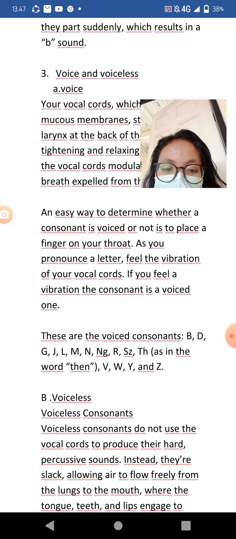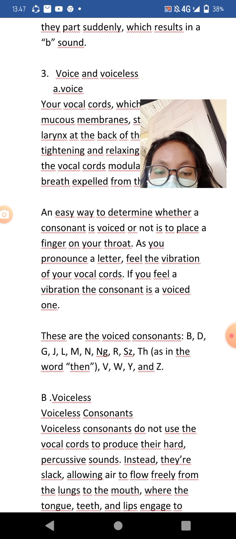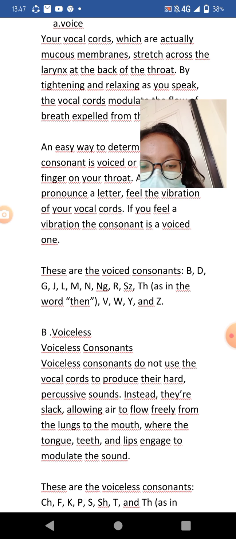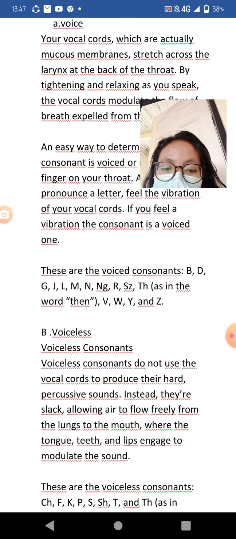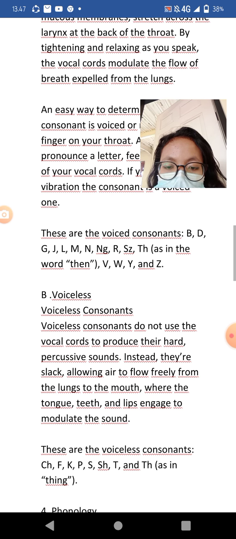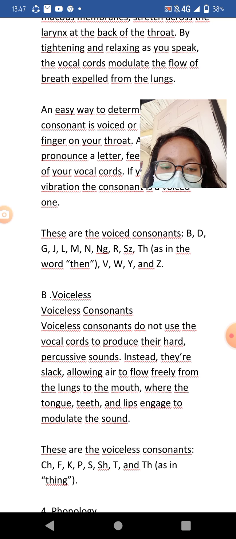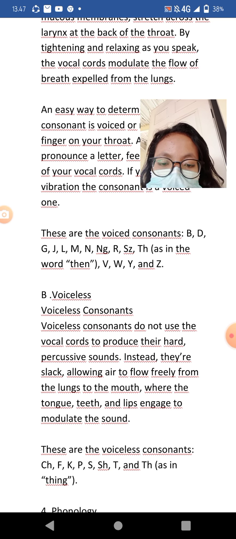These are the voiced consonants B, D, G, and so on. B. Voiceless. Voiceless consonants do not use the vocal cords to produce their hard, percussive sounds. Instead, they are slack, allowing air to flow freely from the lungs to the mouth, where the tongue, teeth, and lips modulate the sound.